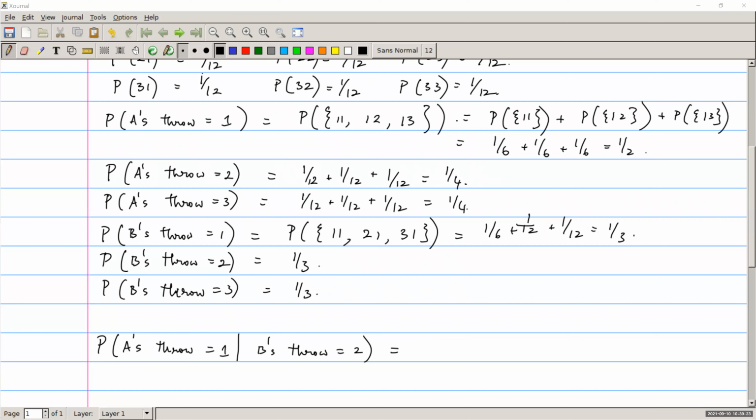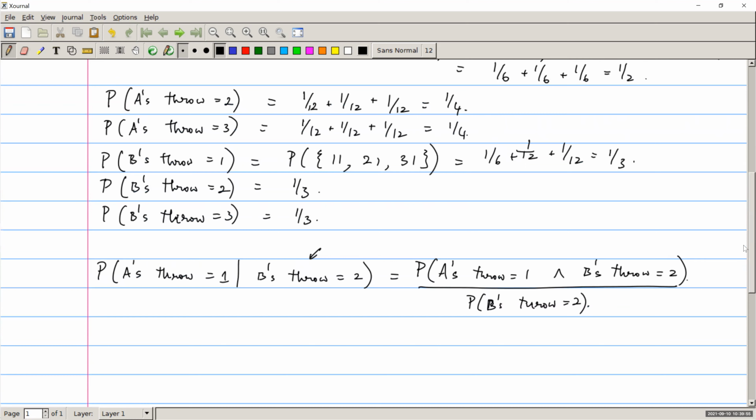The first step is we write it as the probability that A's throw is 1 and B's throw is 2, divided by the probability that B's throw is 2. The story is that somebody gives us partial information. They don't tell us the outcome, but they tell us that B's throw has turned out to be 2. Now we want to know, in addition, the probability that A's throw is 1.